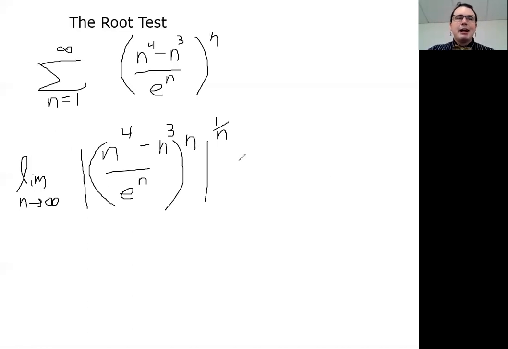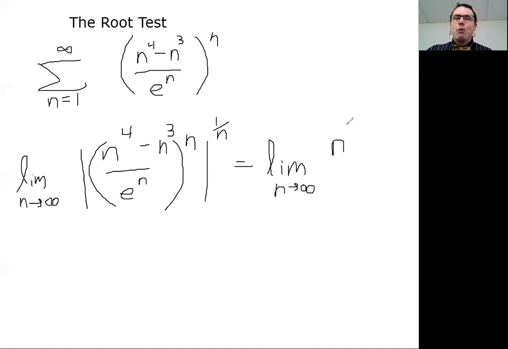Now, in my limit calculation, I've written the nth root as this 1 over n power, and that will combine nicely with the nth power that I see. And by combine nicely, I mean that they will cancel exactly.